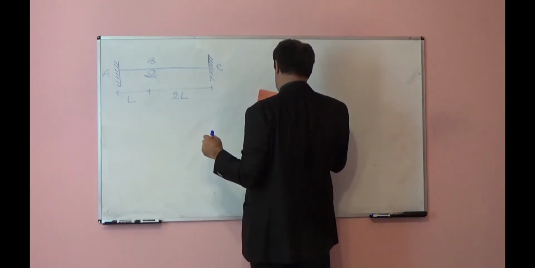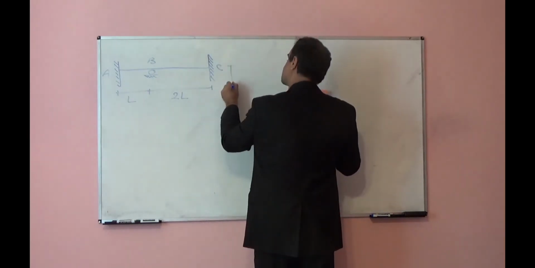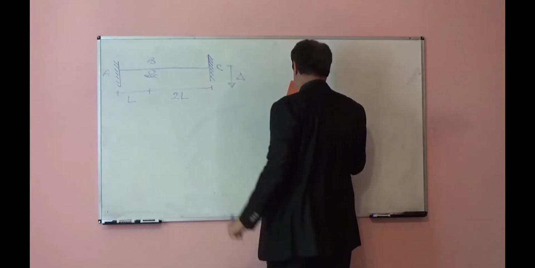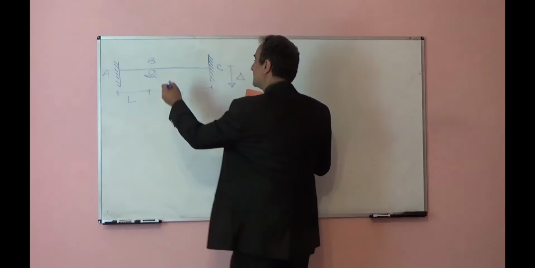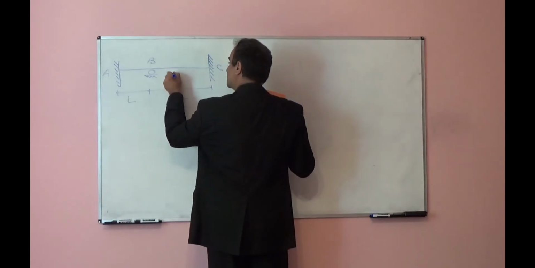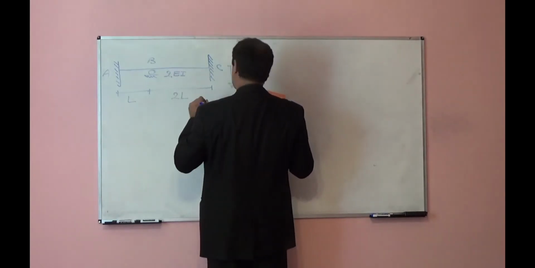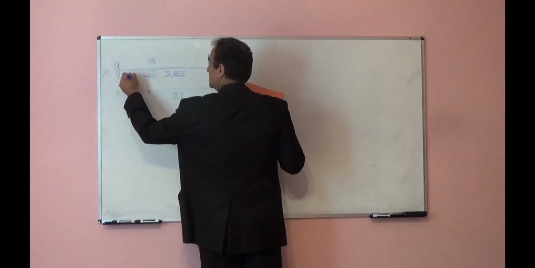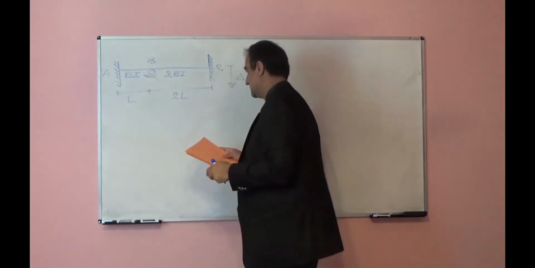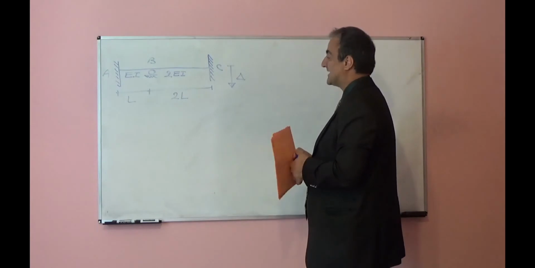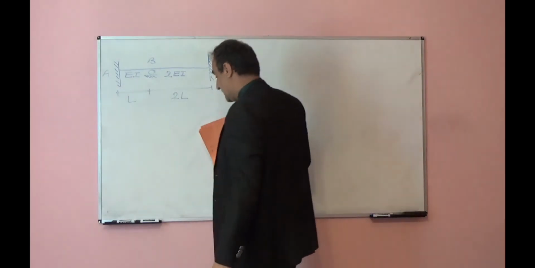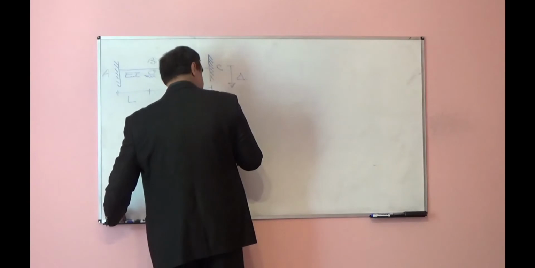We have settlement delta at support C, and EI for the BC part is 2EI, for the AB part it is EI. So the AB part length is L, the BC part is 2L.